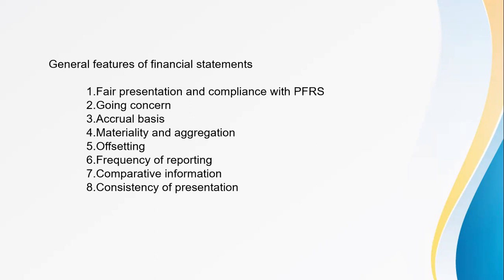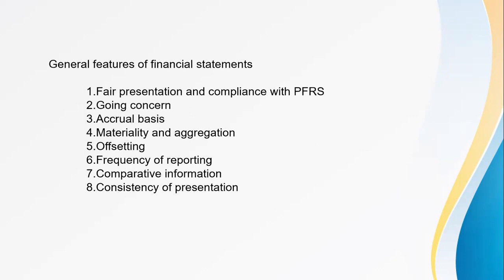Now, the second one is going concern. May I request you to read the book for the description and the discussions with regards to the general features. Number two is going concern. It means that we assume that the entity is viewed as continuing in operation indefinitely in the absence of evidence to the contrary.